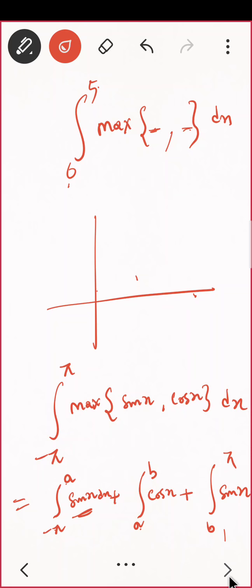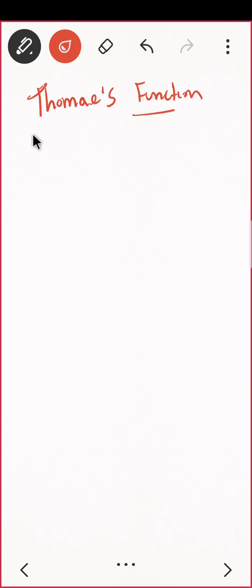Okay, just for motivation, you may refer to S. Kumaresan's Real Analysis book. That is one famous function, that is Thomae's function. This is also known as the raindrop function, popcorn function. You may search on Google for Thomae function or popcorn function, you will find this function.